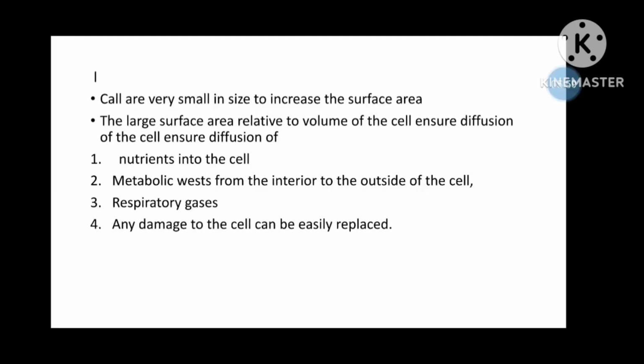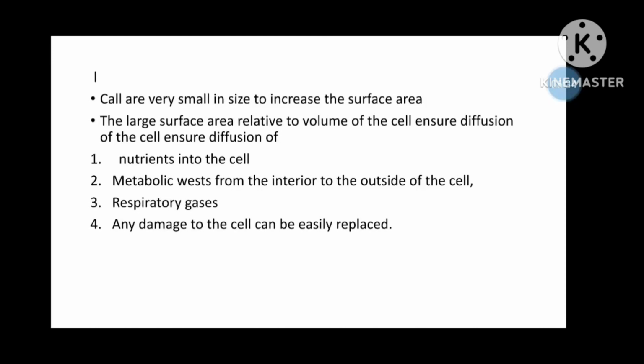Due to the small size, it increases the surface area, and an increase in surface area facilitates the transportation of nutrition into the cell. It facilitates more and more nutrition transportation into the cell, and also elimination of metabolic waste from the interior to outside.